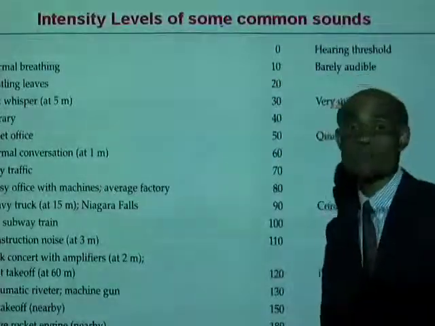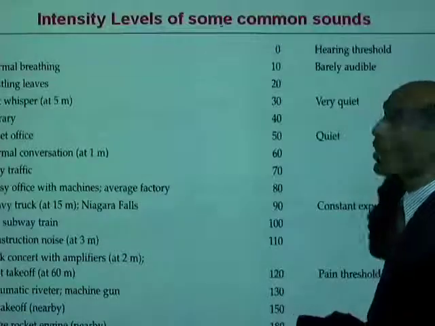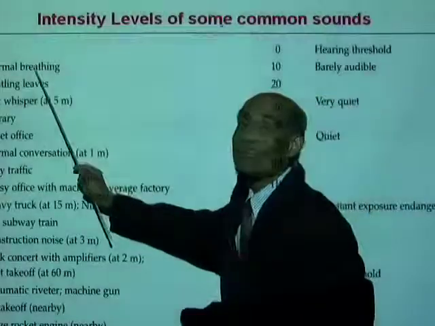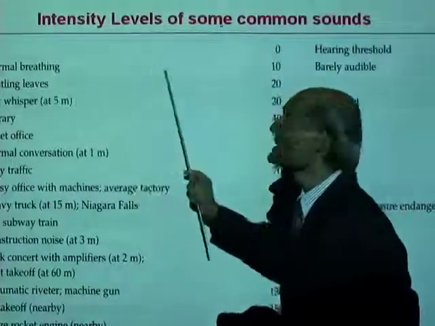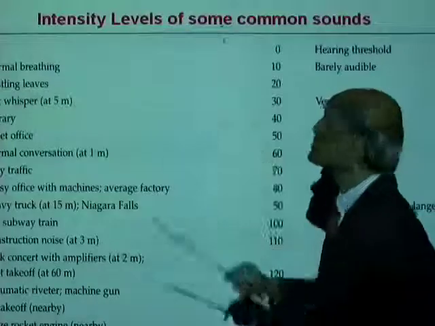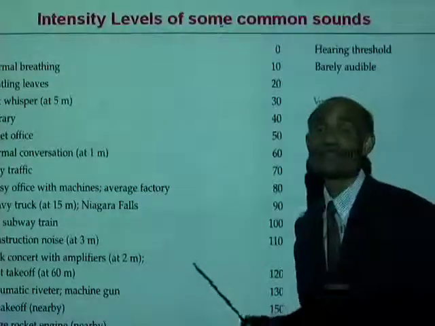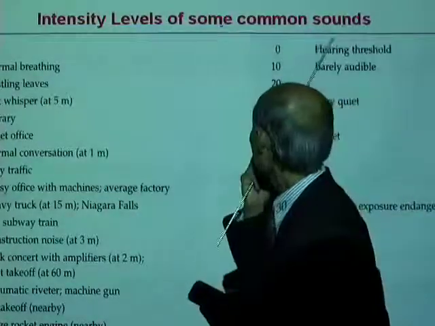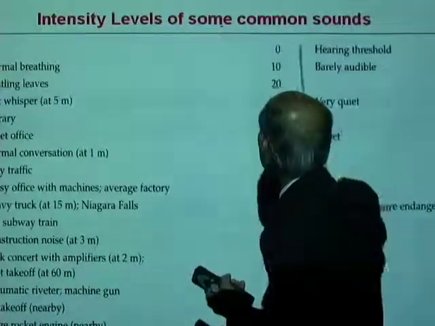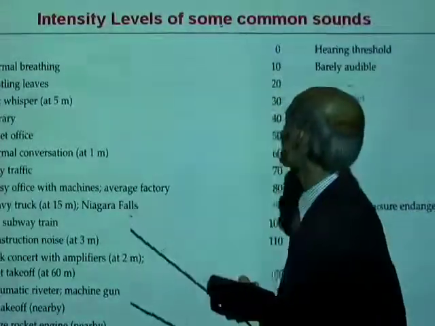Now here I have a table. I don't know whether you can see all of it on your screen. Normal breathing is intensity level, the intensity level is 0 decibel. See, well, barely audible. The threshold of intensity is 0 decibel.